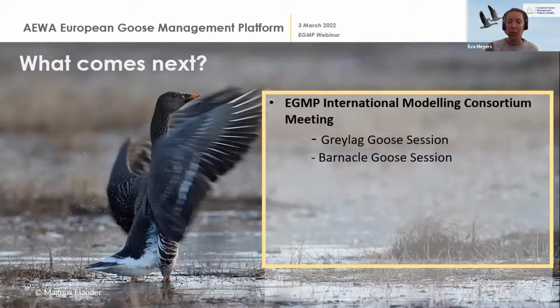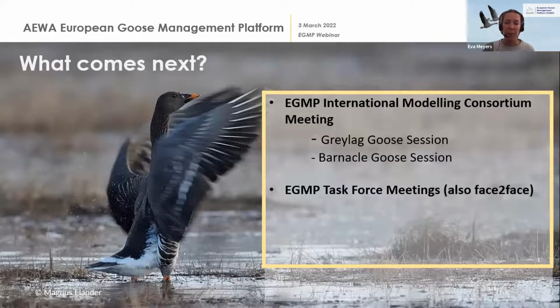There are going to be 2 separate sessions, one on the grey-lag goose and one on the barnacle goose. This is where the different experts and entities are going to discuss and present their models, data, and results, and start working on the documents that Gitte had introduced beforehand that will go to the International Working Group meeting.